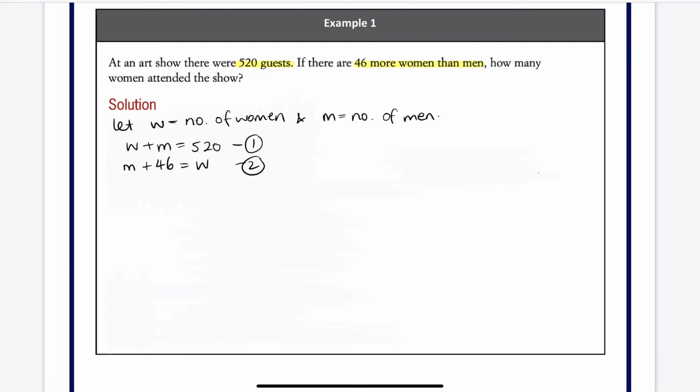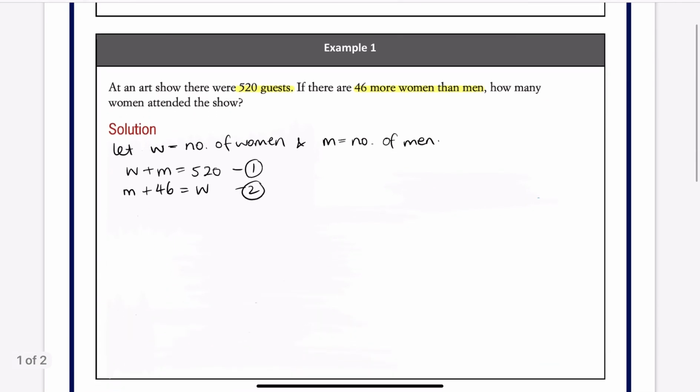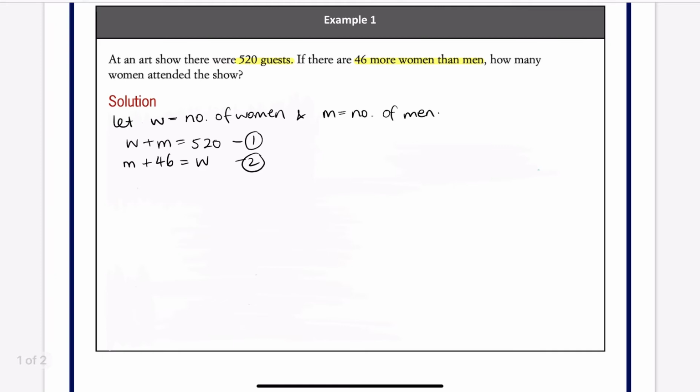Now we have to use an appropriate method to solve. I'm going to use substitution of 2 into 1. I'm going to find out how many men there are, and then how many women. Where the women are, W, I'm going to replace that with M plus 46.